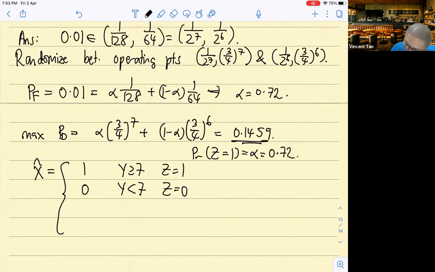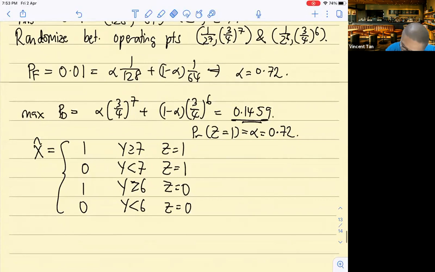Okay, so in this case, if z turns out to be 1, then I am going to use a threshold test at 7. Gamma is equal to 7. Now, if z is equal to 0, then I'm going to use the other test where the threshold is placed at 6.